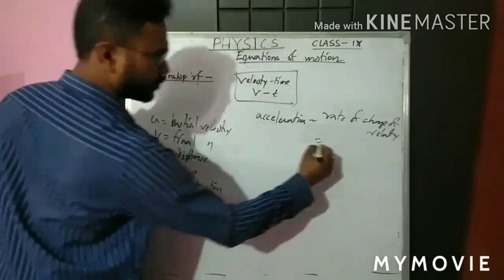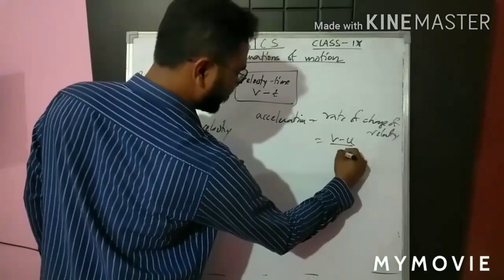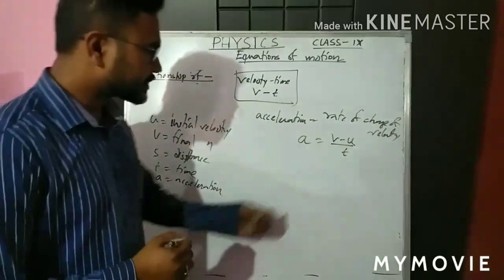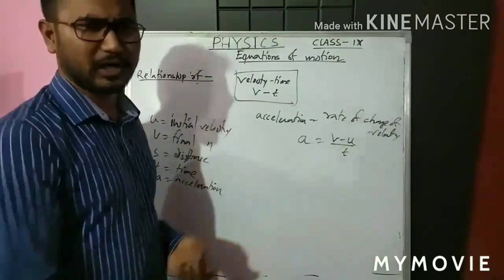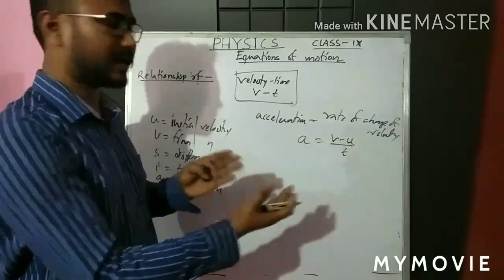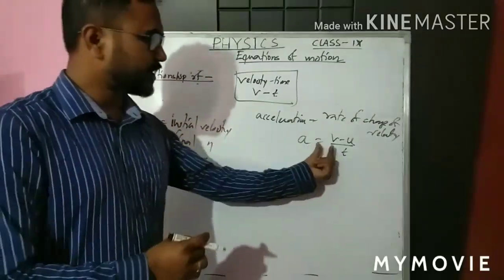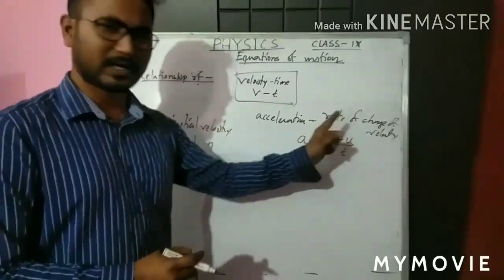So the relationship you know is v minus u by t, and acceleration I am putting here as a. What is the change of velocity? Change of velocity we know is v minus u, and rate of change of velocity, that is change of velocity in 1 second, is v minus u by t. So that is the relationship for acceleration.